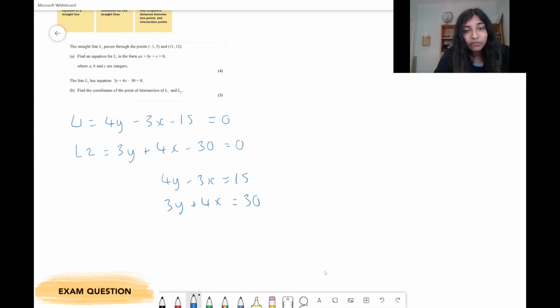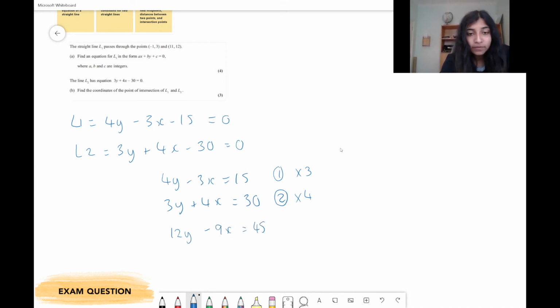So we label these 1 and 2. The first thing we want to do is try and eliminate either the x's or the y's. If you want to make all the y's equal to 12y, we could multiply this one by 3 and this one by 4. Then you would get 12y minus 9x is equal to 45.